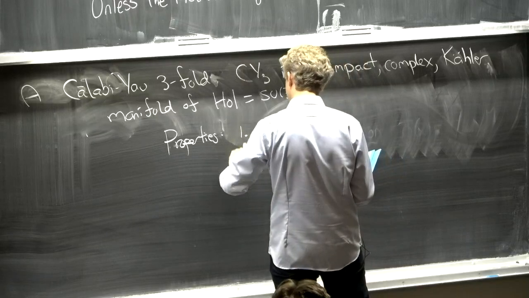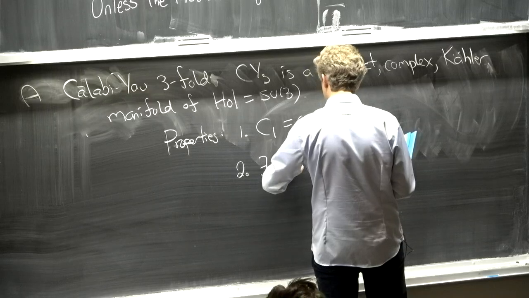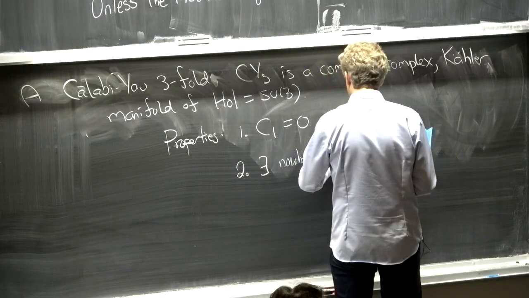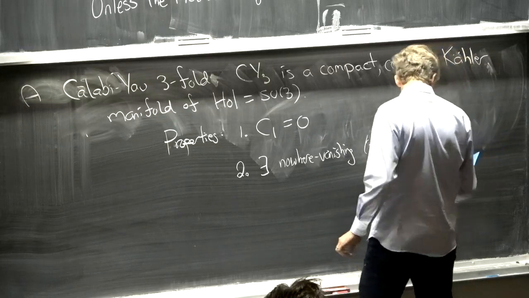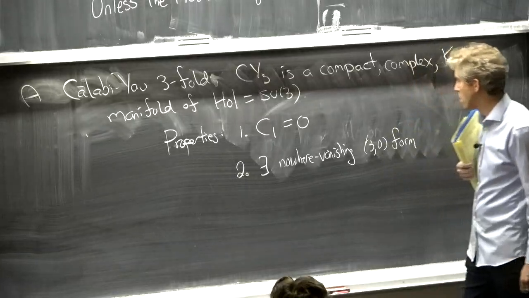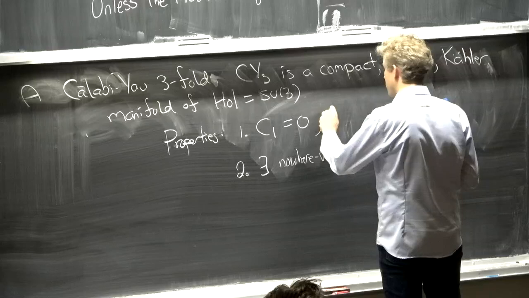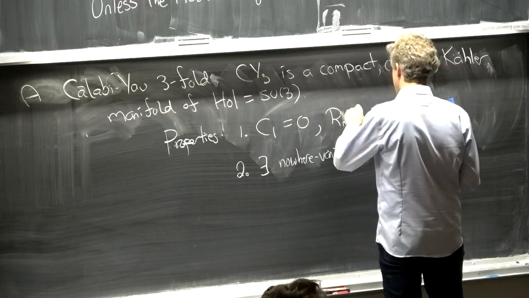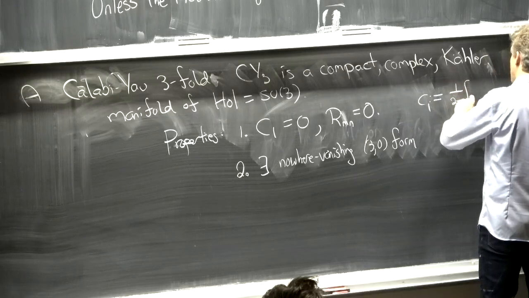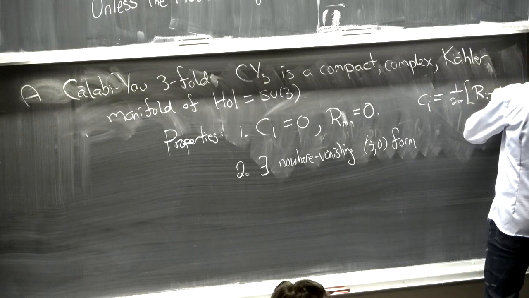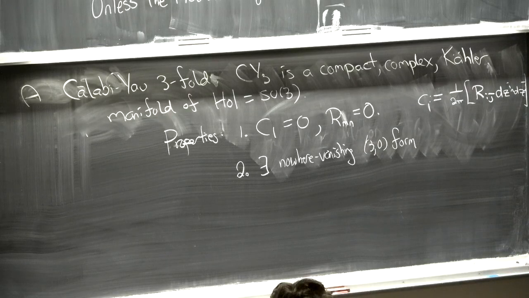The first Chern class vanishes. There exists a nowhere vanishing (3,0)-form on the space. Those are the ones that I haven't already stated. The first Chern class is just 1 over 2 pi times the cohomology class of the Ricci form. Decorate the Ricci tensor with some dz and dz bars.